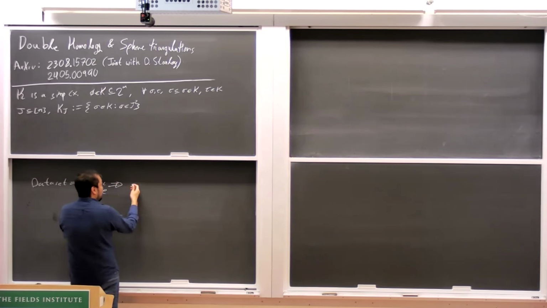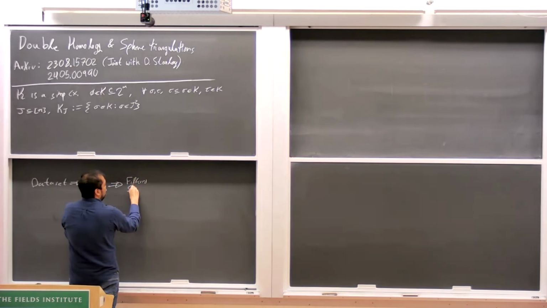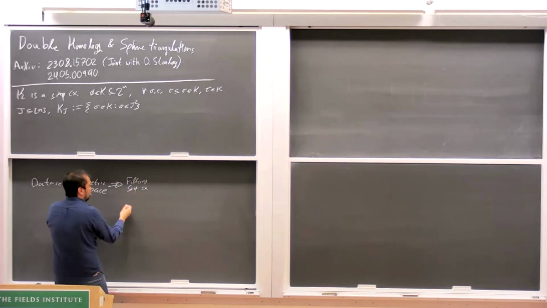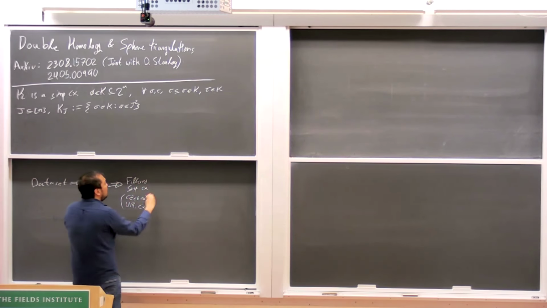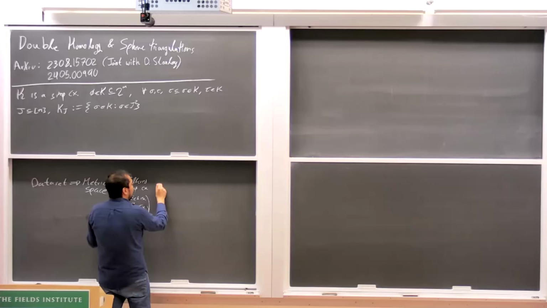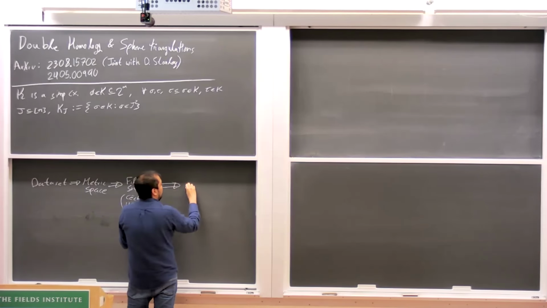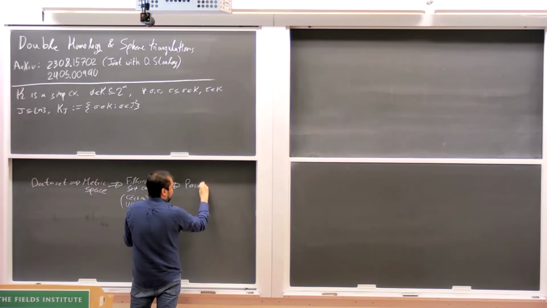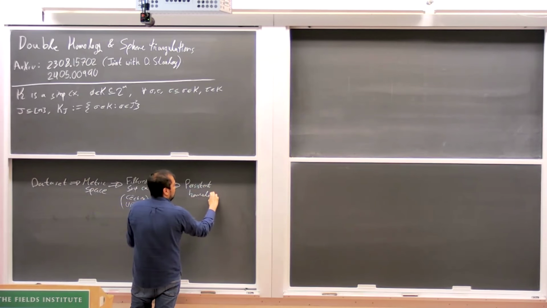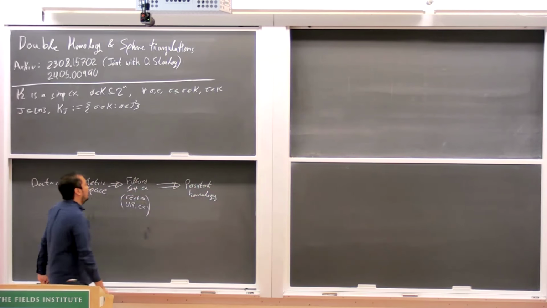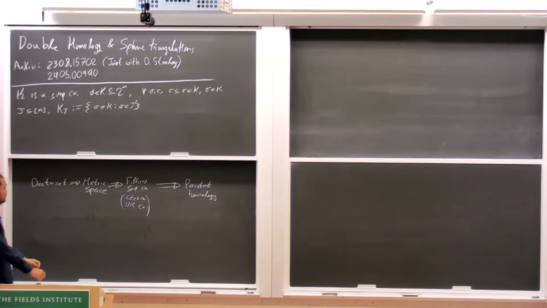Using this, you can build a filtered simplicial complex, usually a Čech complex or a Vietoris-Rips complex. I'm not going to go into the details of what those are. After you do this, you can take the persistent homology of that, and by studying this gadget you can obtain a lot of information about the data set.